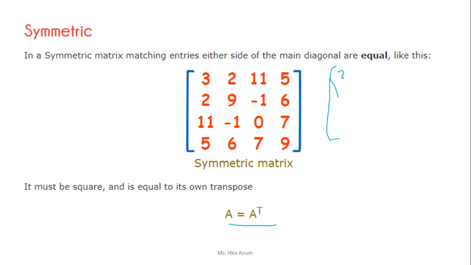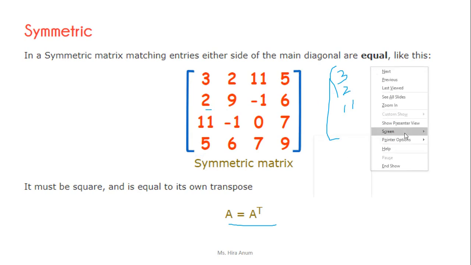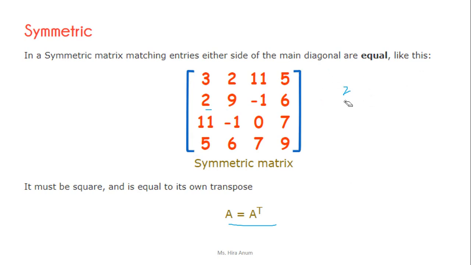You are taking the transpose of this matrix: 3 2 11 and last 5.